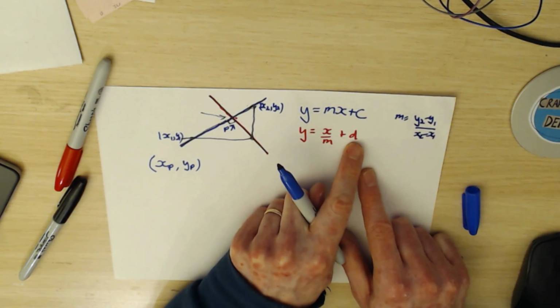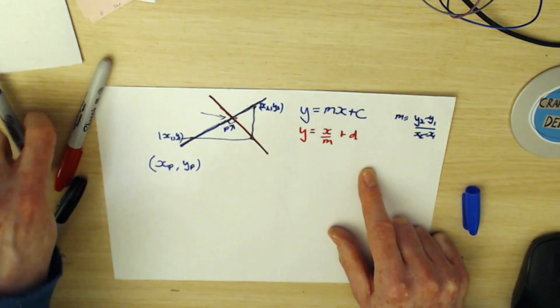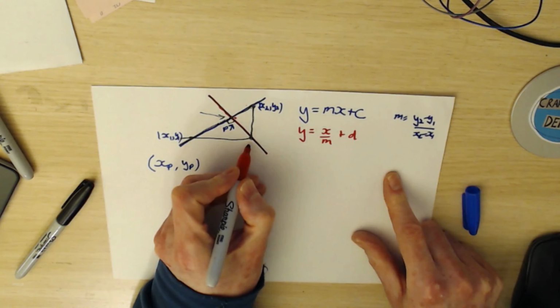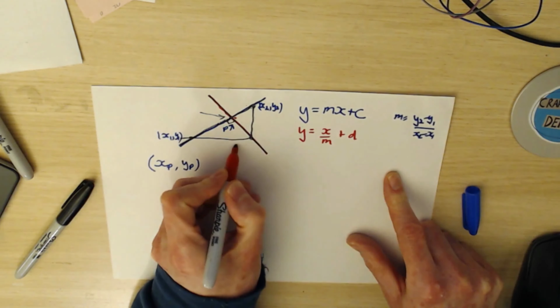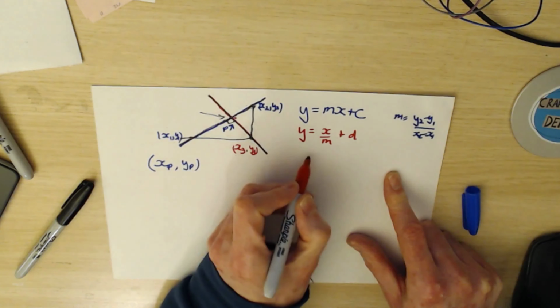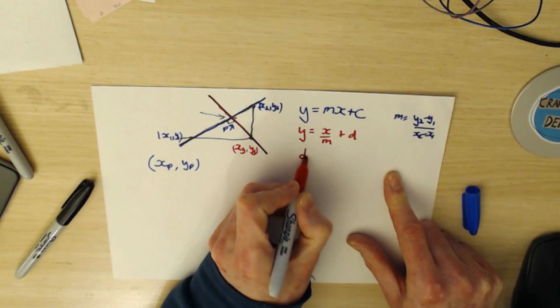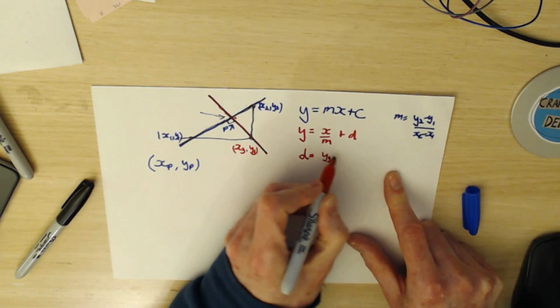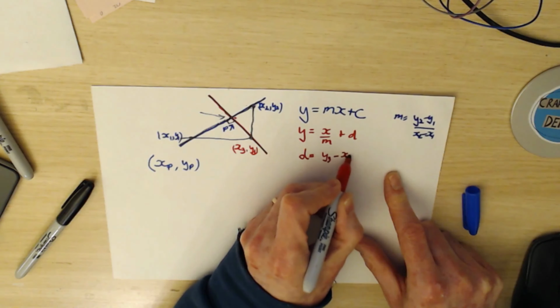So now I can work out d, because I know this point, x3, y3. d is y3 minus x3 over m.